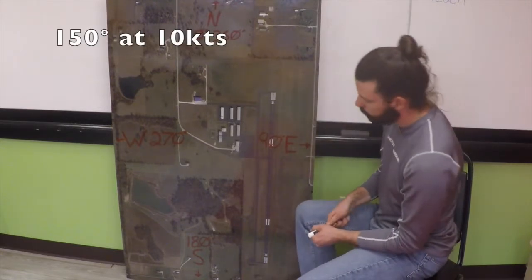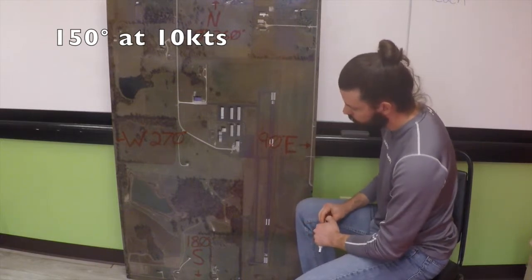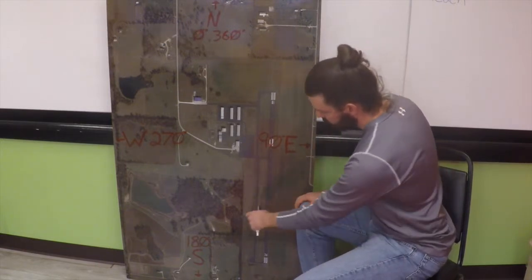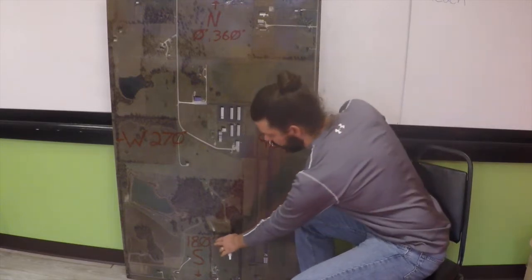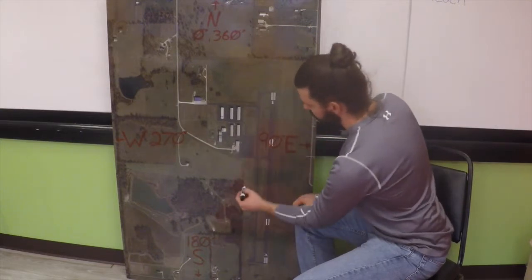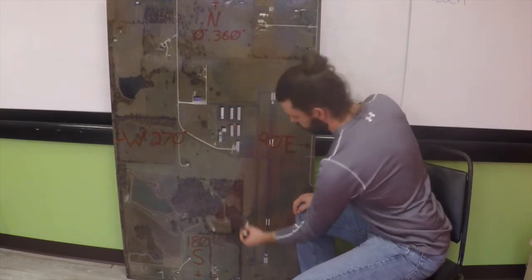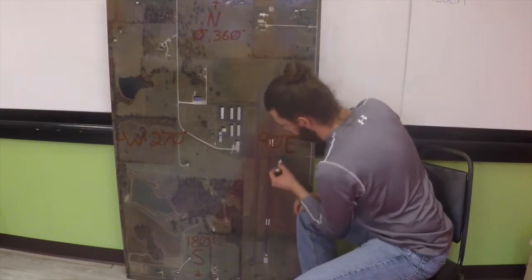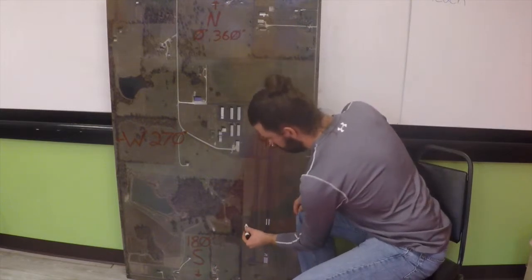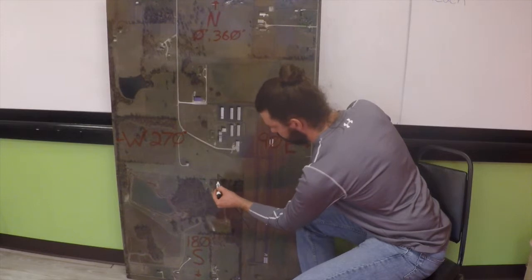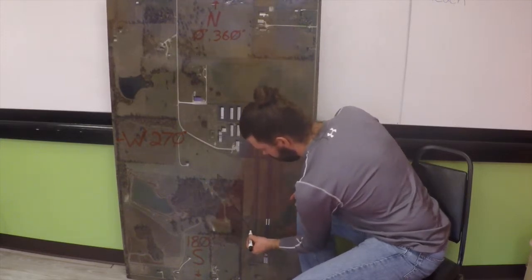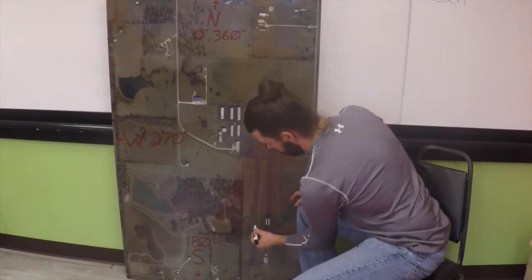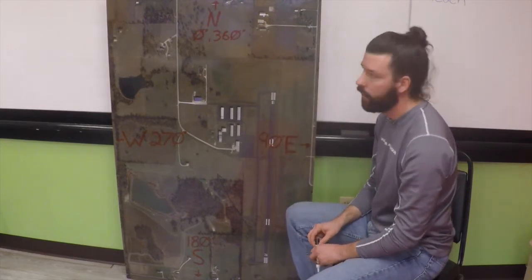We're going to draw a line to show out of 150. 150 is going to be somewhere between the 90 degree mark and the 180 degree mark, and it's a little bit past halfway. So winds are going to be coming out of somewhere between here and here. We're going to guess winds are coming out of this direction, and we're going to put out of 150 degrees at 10 knots.